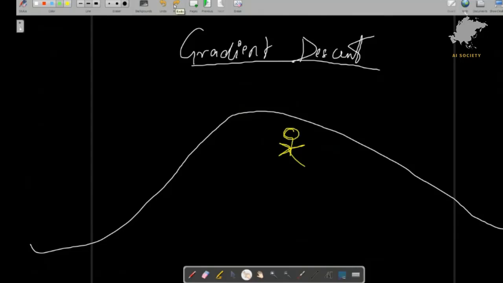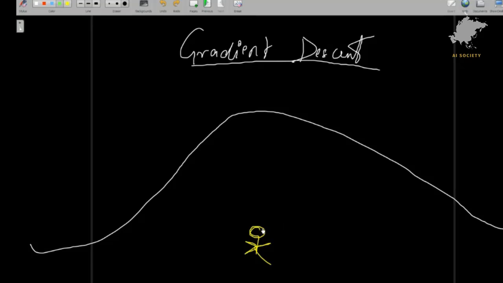Then you repeat the same process again, looking for the way where you can descend the most, and move again. We continue the process until we reach our solution, that means until we descend the whole mountain.